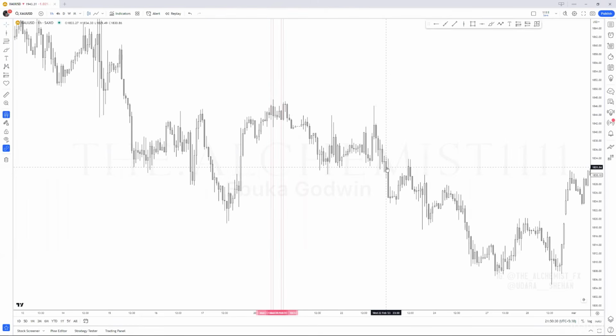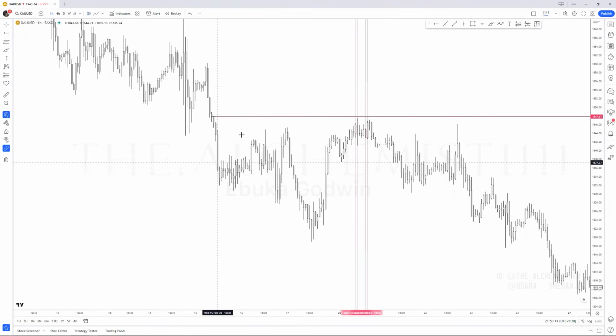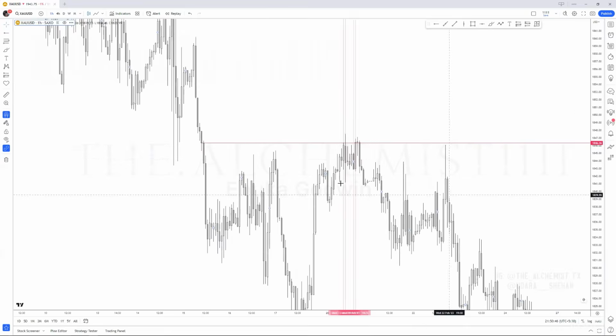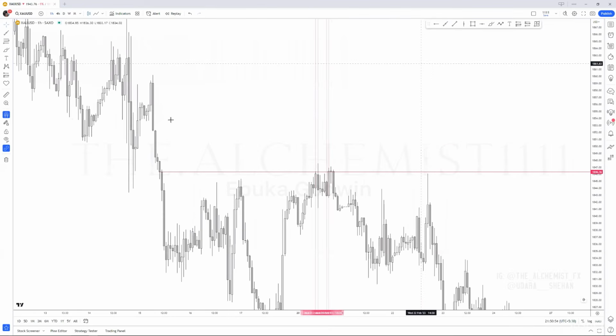Now this is what I wanted you to do. Draw some vertical lines on the session openings, session kill zones and session timings, and then see where price reversed from, say here, just as a hindsight example. Then see if there are any trend lines in line with these key levels at this time of the day.